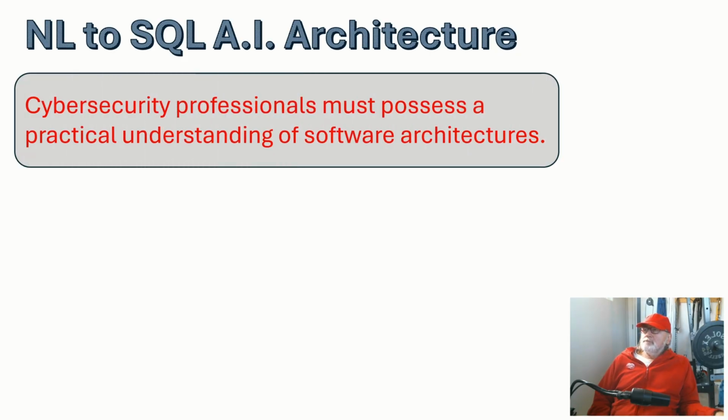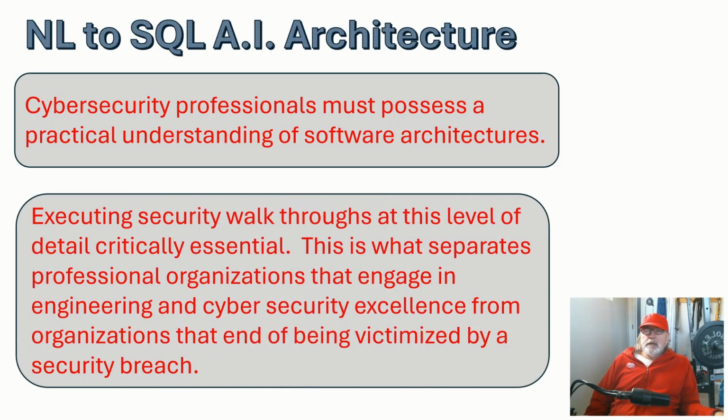In conclusion, cybersecurity professionals must possess a practical understanding of software architectures, and executing security walkthroughs at this level of detail is critically essential. This is what separates professional organizations that engage in engineering and cybersecurity excellence from organizations that end up being victimized by a security breach.